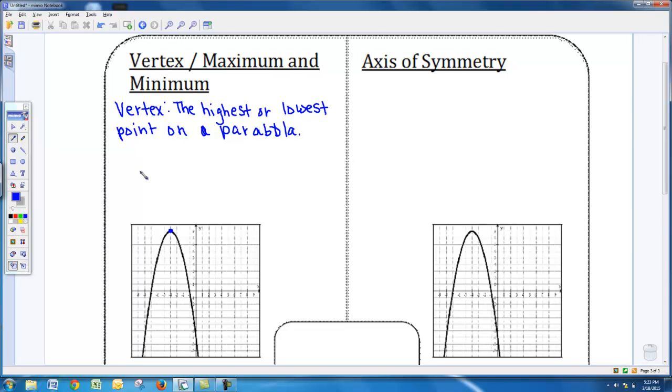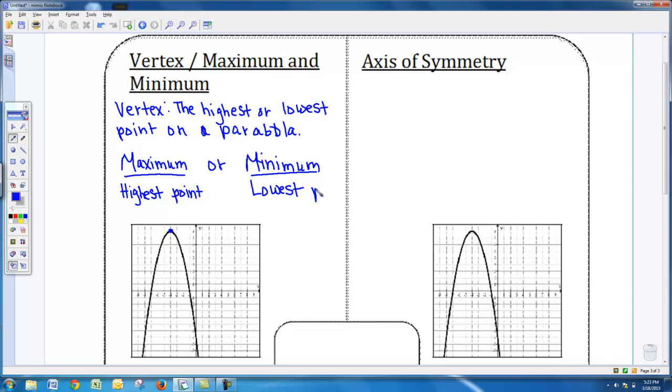Okay, and if it's the highest point, we call it a maximum. If it's the lowest point on the graph, we would call it a minimum. So a vertex is either a maximum or a minimum depending on where it is on the graph. If it is the highest point, we call it a maximum. If it is the lowest point, we call it a minimum.